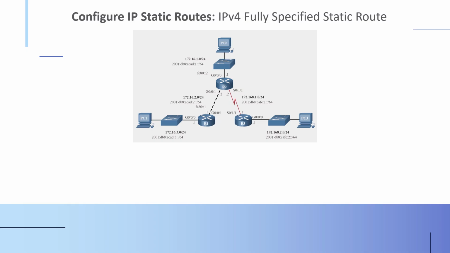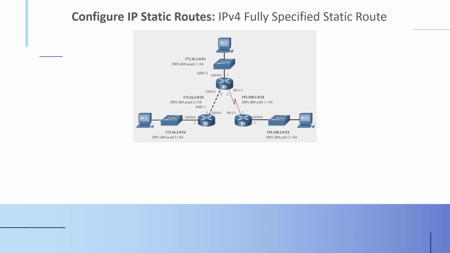With Ethernet networks, there may be many different devices sharing the same multi-access network, including hosts and even multiple routers. So it is recommended that when the exit interface is an Ethernet network, the static route includes a next-hop address.